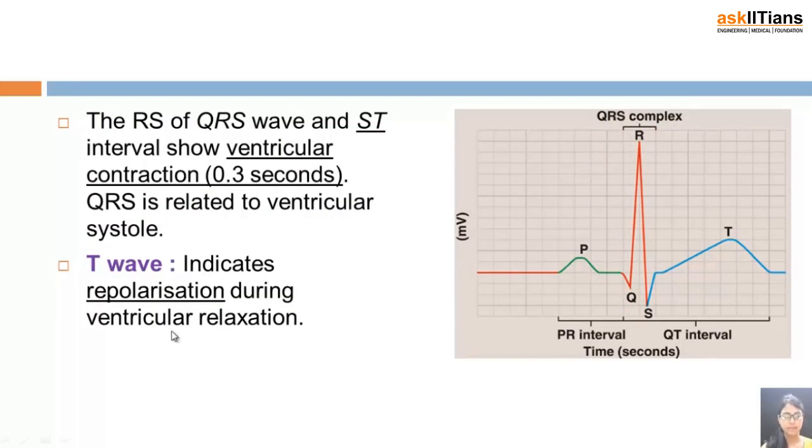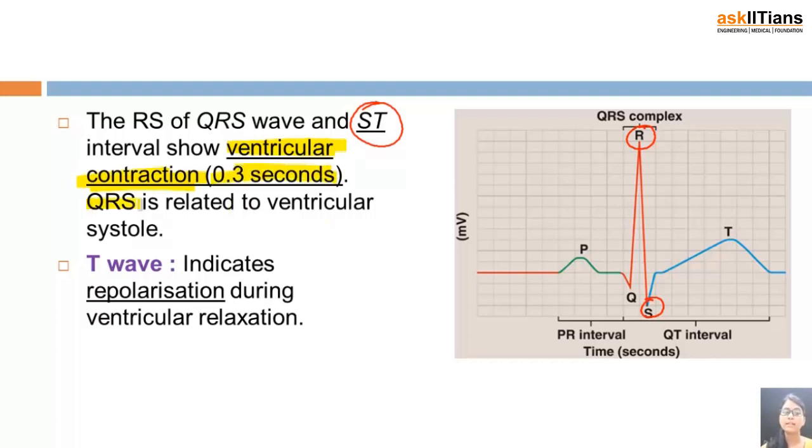Now comes the RS of the QRS wave. So, look into this diagram. This is R, this is S. So, this RS of the QRS wave and the ST interval, this is showing ventricular contraction and this is of 0.3 seconds.